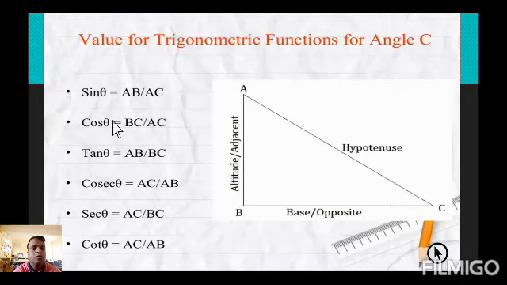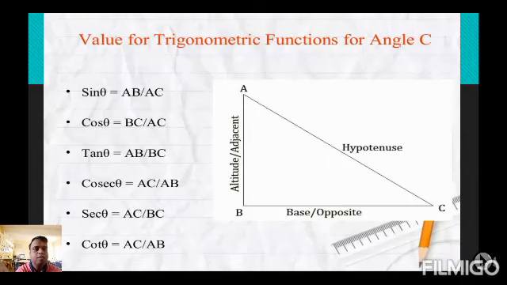Cos theta equals BC by AC. Tan theta equals AB by BC. Cosec theta equals AC by AB. Sec theta means AC by BC. Cot theta equals AC by AB.